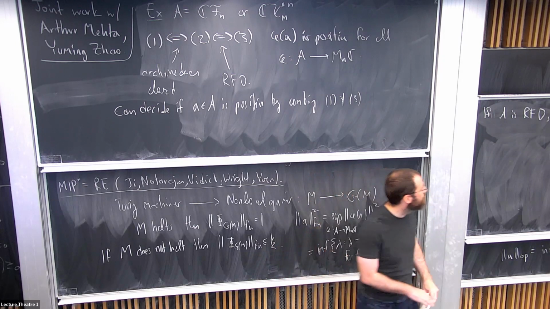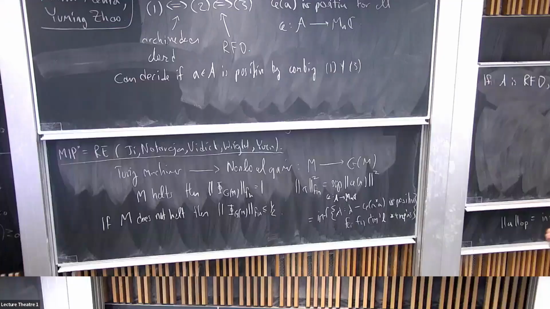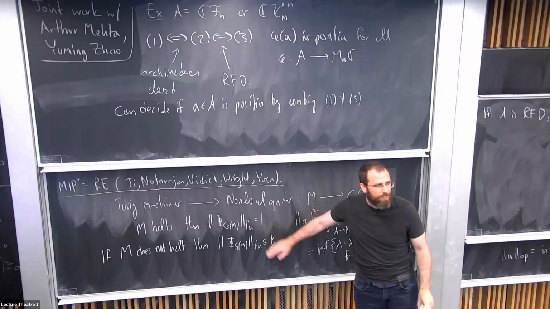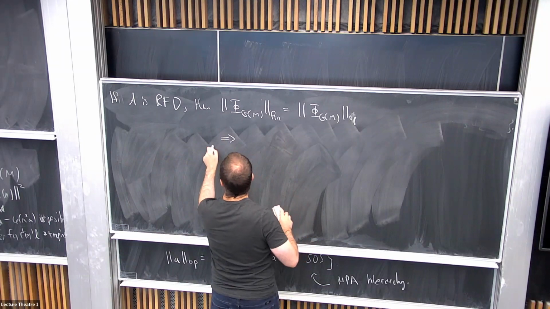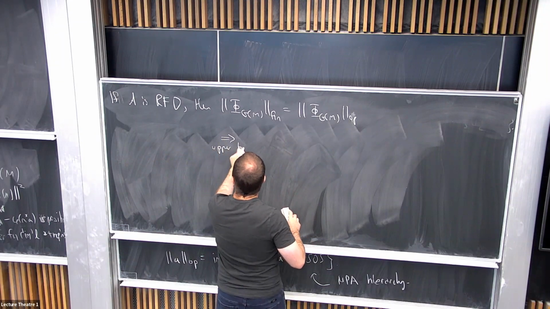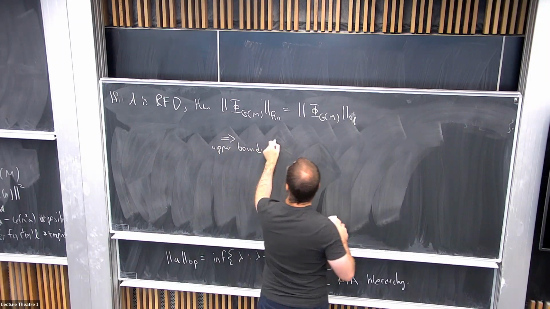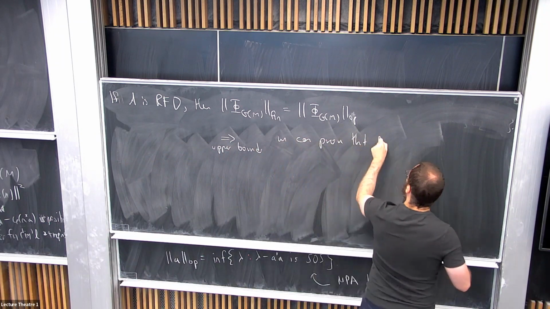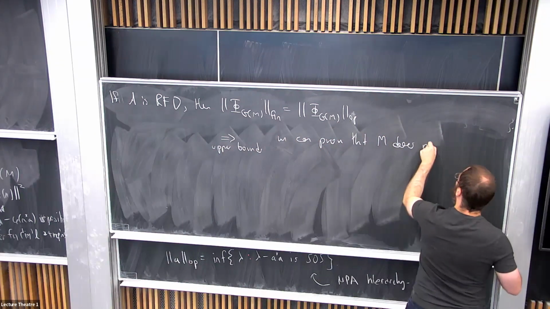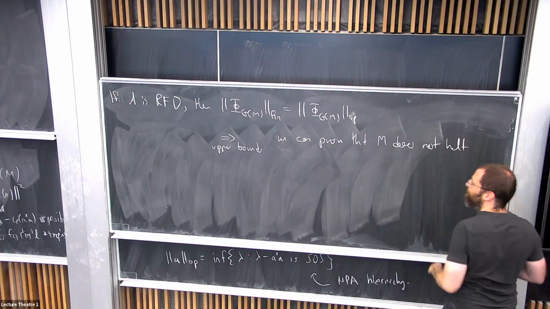There'll be a demonstration of that fact, which tells you that it's less than 1. Okay? So that would imply, using upper bounds, that we can prove that M does not halt when M happens to not halt.